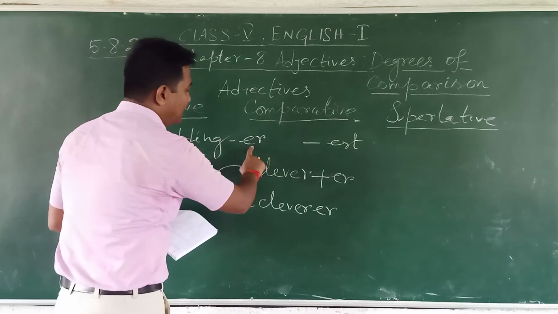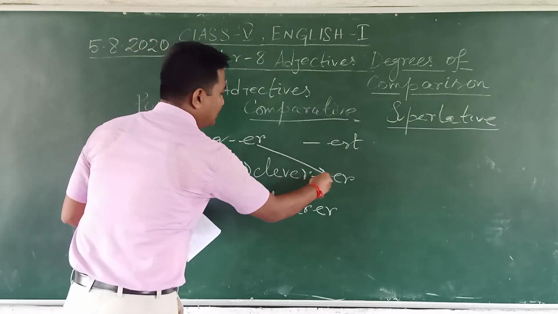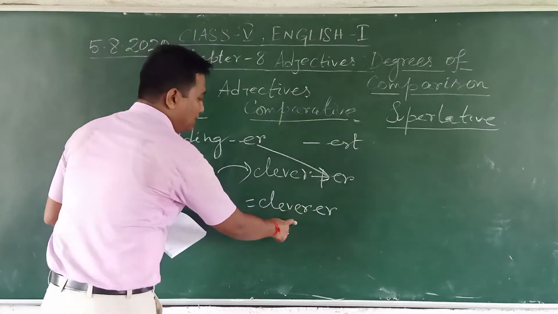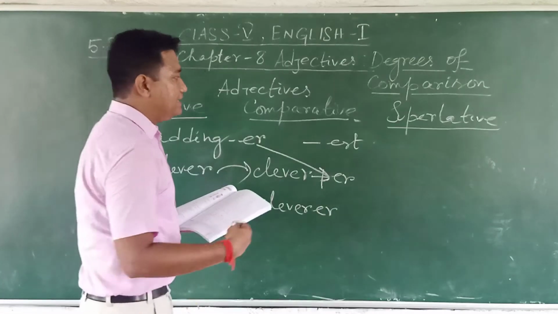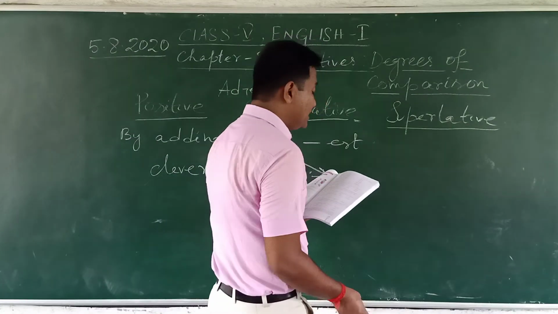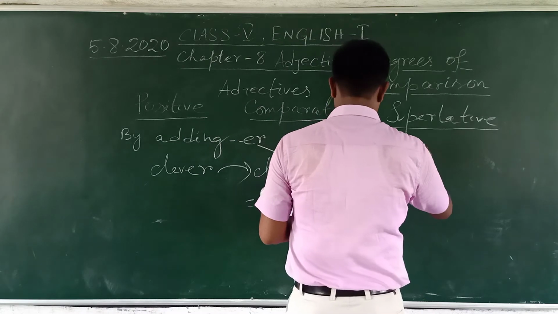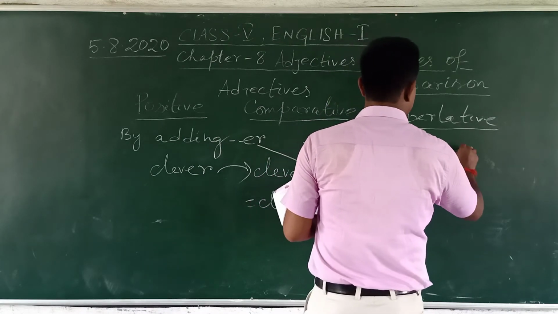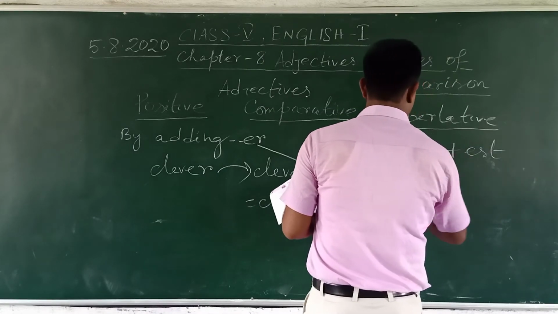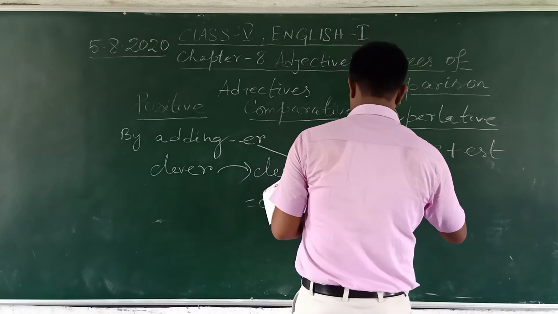In the comparative degree we add ER, so after the addition of ER we get cleverer. In the superlative form we make the EST form: clever plus EST. What will come? Cleverest.